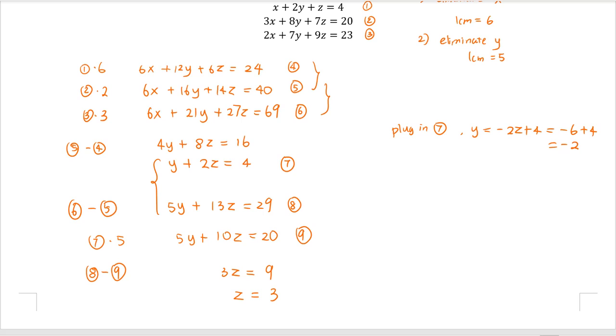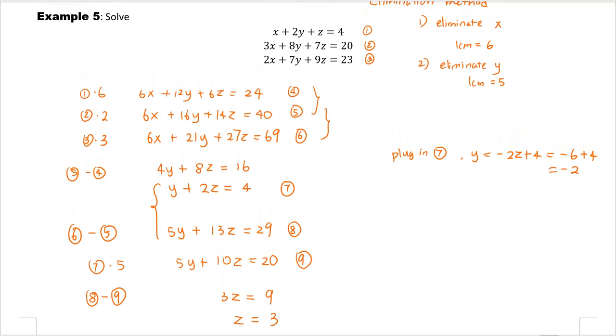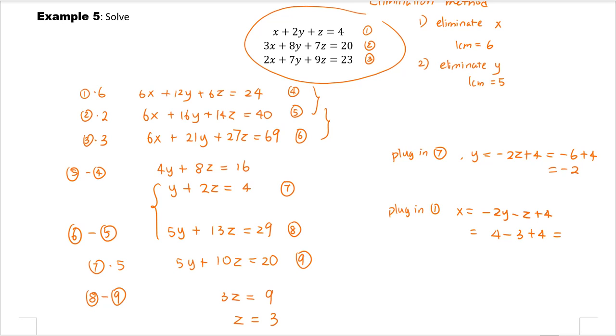And then we can plug into one of the equations 1, 2, 3. Which one is easier to work with? Equation 1, right? So we plug into equation 1. We get x is negative 2y minus z plus 4. y is negative 2, so negative 2 times negative 2 is 4. z is 3. So we get 1 plus 4 is 5.